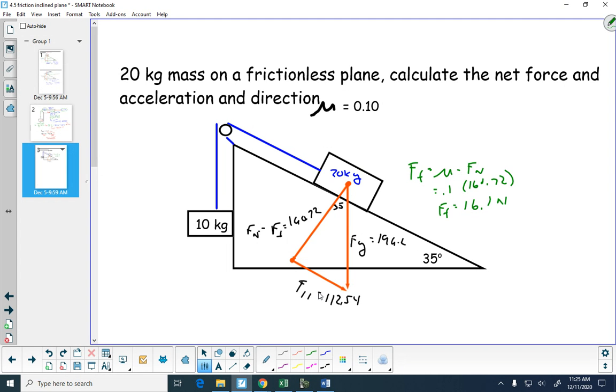But we have this 10 kilogram mass, which is going to apply a force of 98 newtons. That's going to, once again, transfer through this rope at 98.1 newtons.